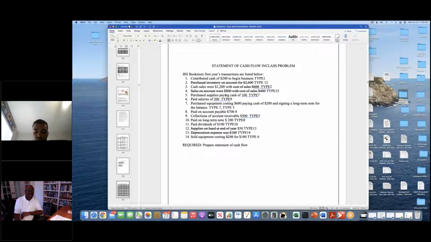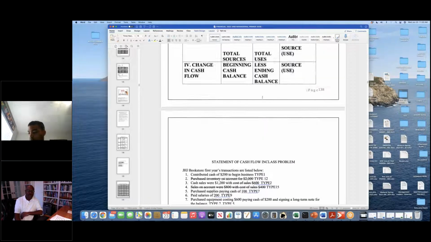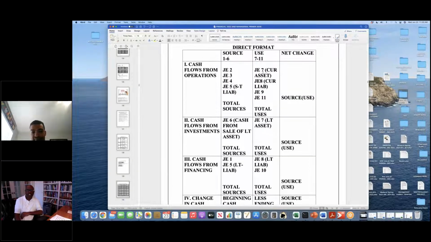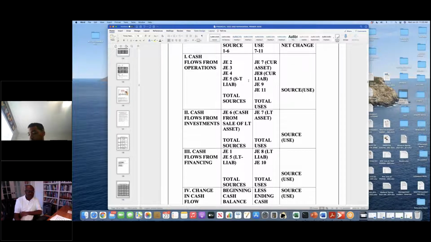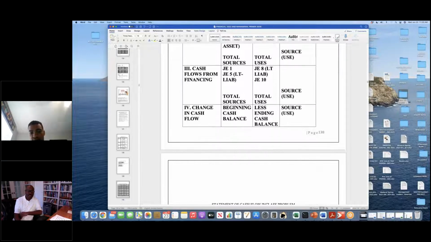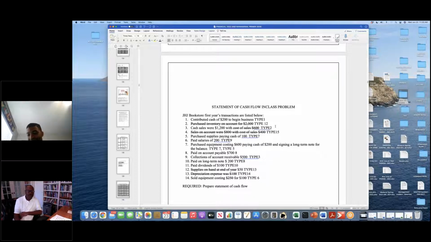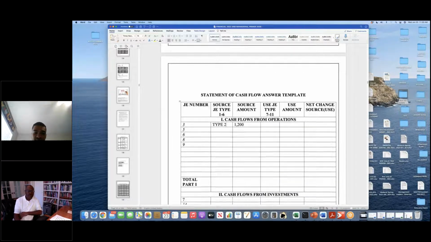Come to 5, purchase of supplies paying cash of 100. That's a type 7. Where does type 7 go? Type 7 is a use in operations, which is what we're supposed to be about. So you're going to see these current assets and current liabilities are in operations. So that's going to be a type 7 where we purchase the supplies.